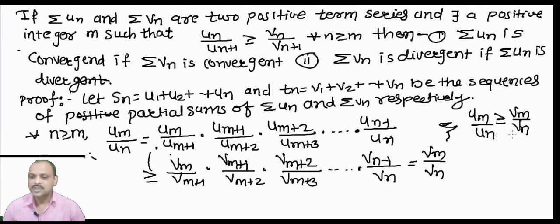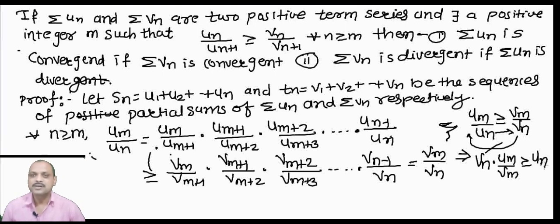Now from this, transferring Vn to this side and un to the other side, we get Vn into um divided by Vm is greater than or equal to un.